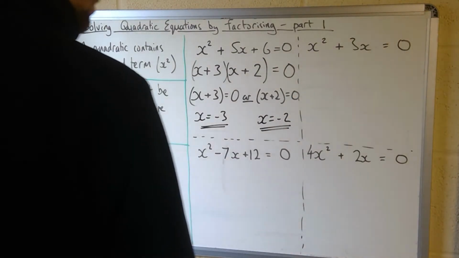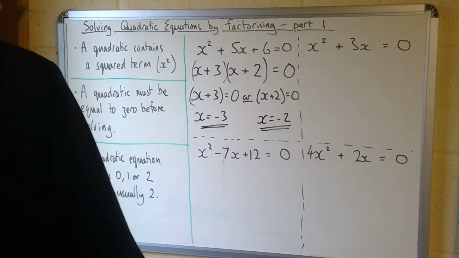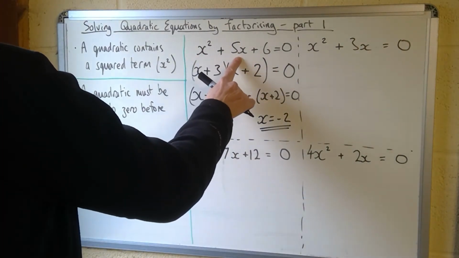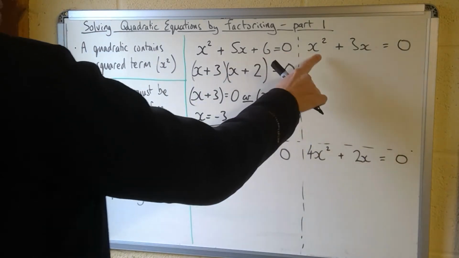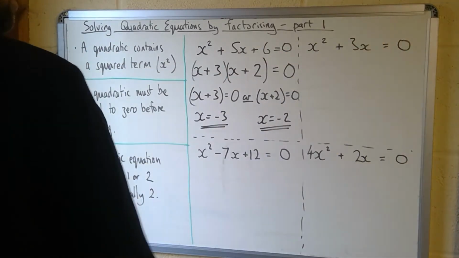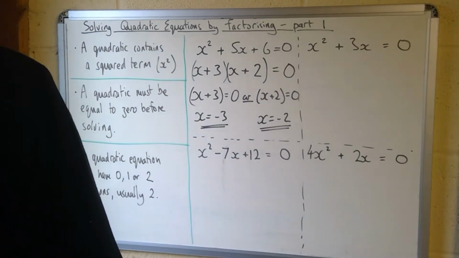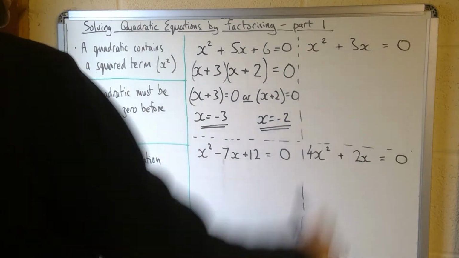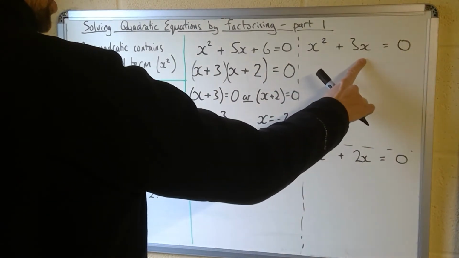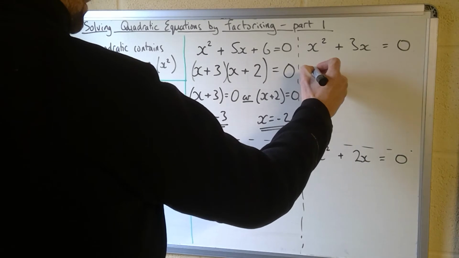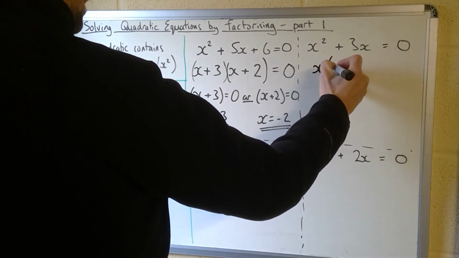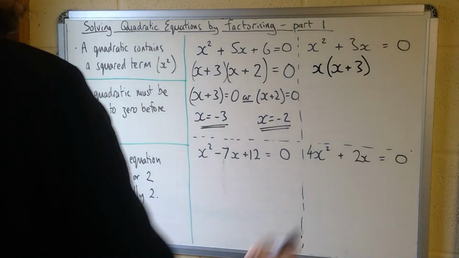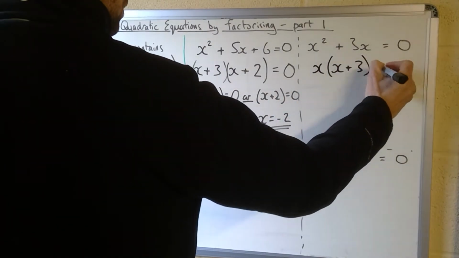Got a second example here. This one looks slightly different. In the first example, we had a quadratic term, a linear term and a constant. In this one we have no constant part, but it's still a quadratic because x squared is the highest power. And we still look to factorize it. Because this is just two terms without a constant, we can factorize it with a common factor. So we take out the common factor of x and we're left with x bracket x plus 3 equals 0.